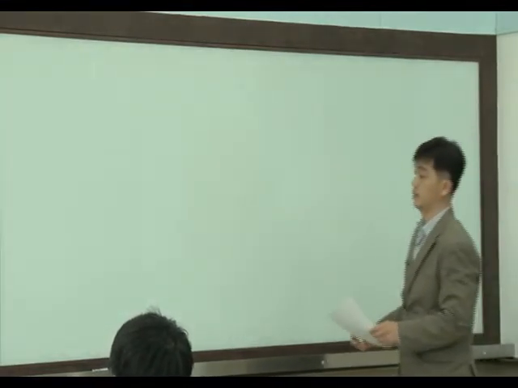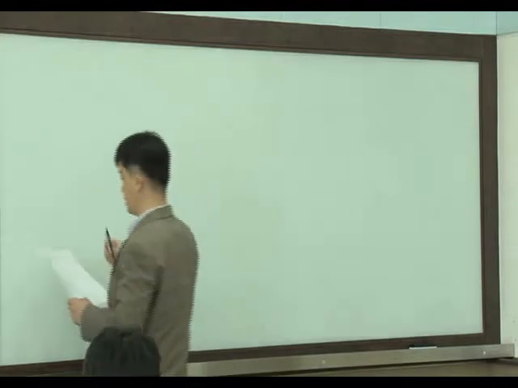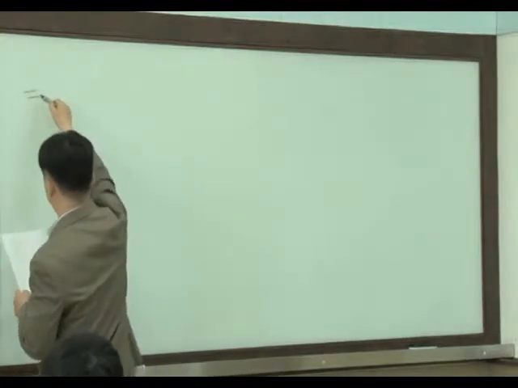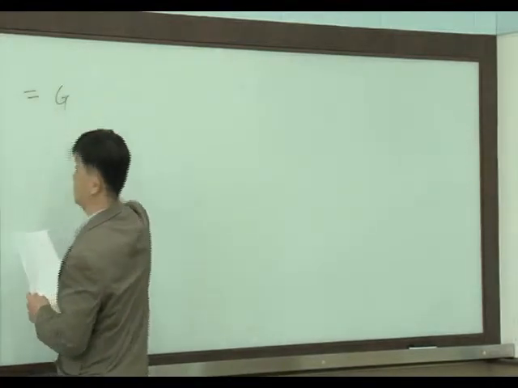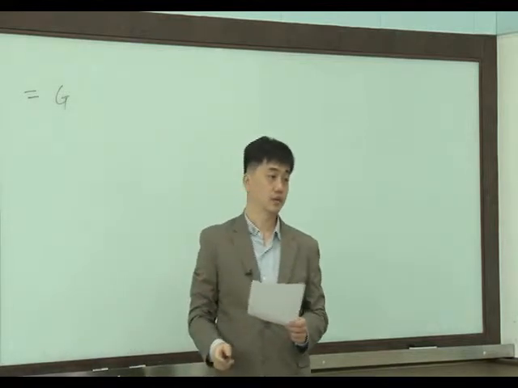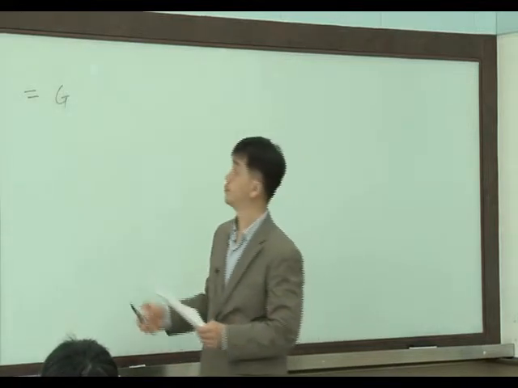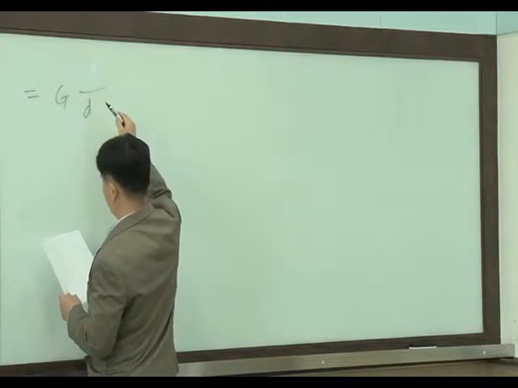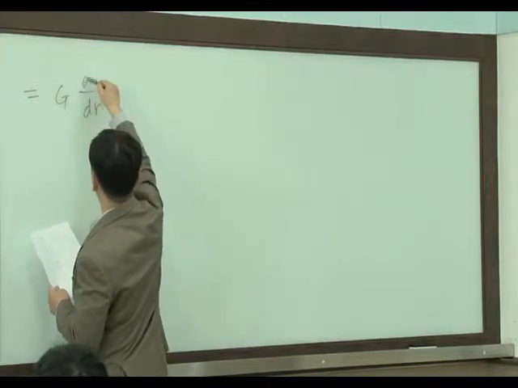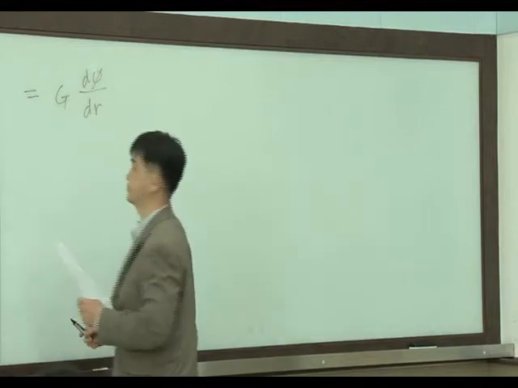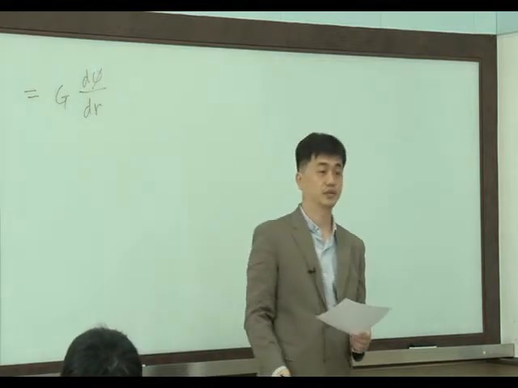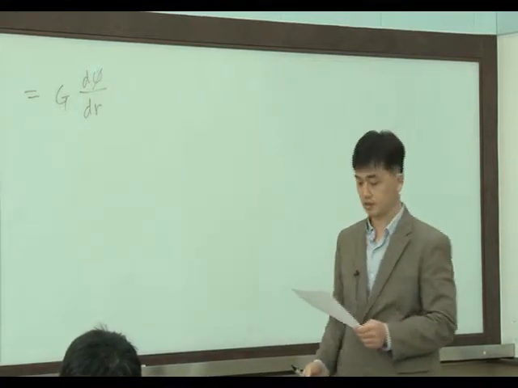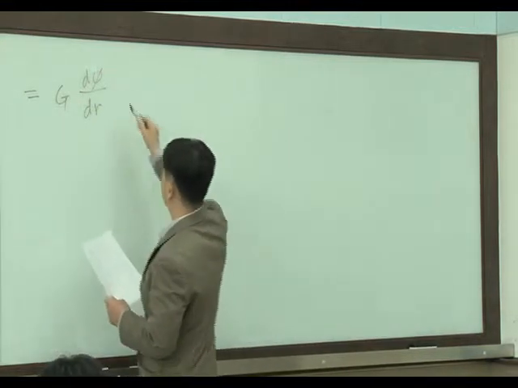Okay, then that equation becomes: G is constant, and let's assume this dphi/dx is constant too, right? Actually, this is constant too.